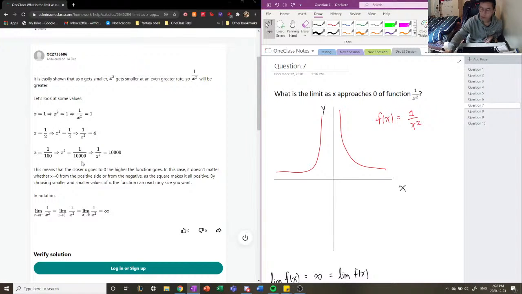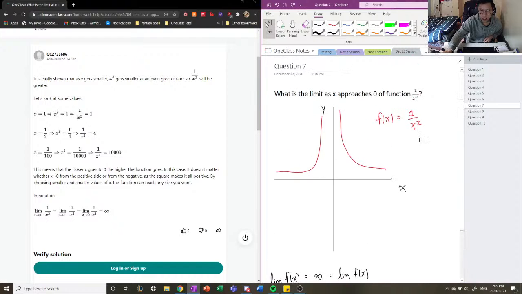If you're really unsure about the behavior of the function, you just start plugging in points as you get closer and closer to that value of x. In this case, we're getting closer to x equals 0, so if the junior tutor continued, we would have 1 over 100, 1 over 1,000, 1 over 1 million, and as we keep getting smaller and smaller, we keep getting bigger and bigger values.